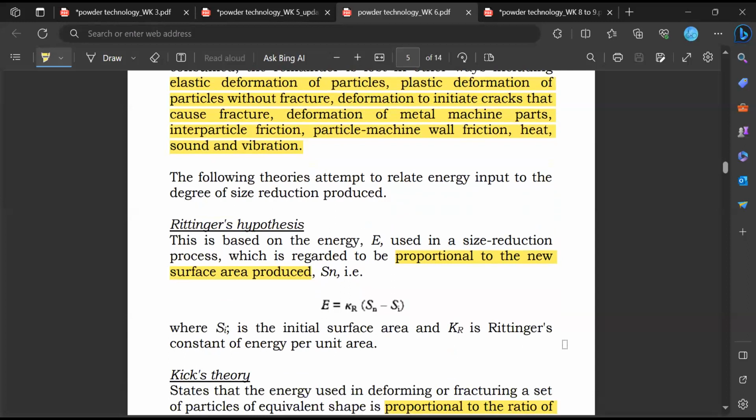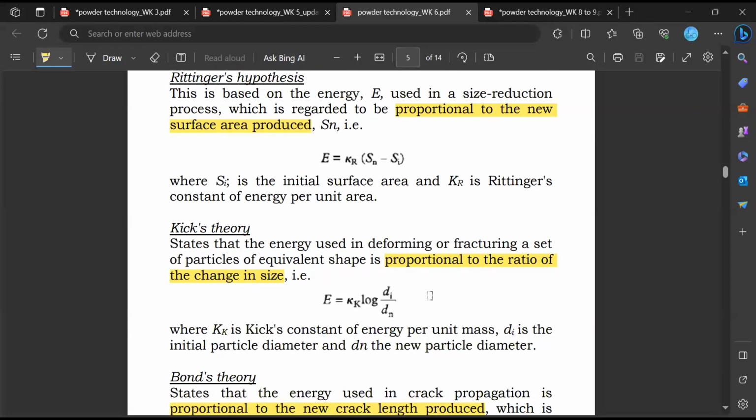So there are 3 theories that are used for this energy. The first one is Rittinger's hypothesis, where the energy is proportional to the new surface area that is produced after the crack. The second one is Kick's theory, where energy is proportional to the ratio of the change in size.